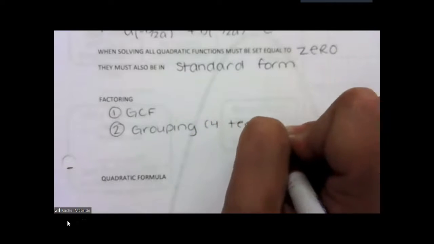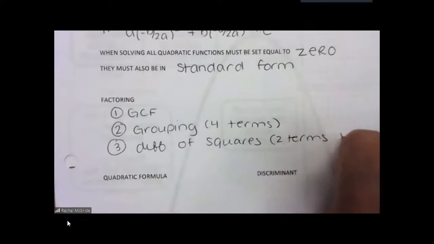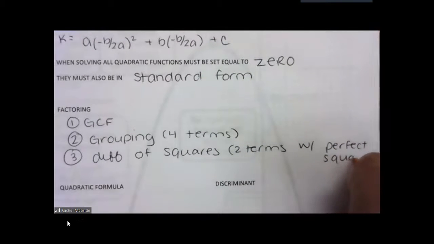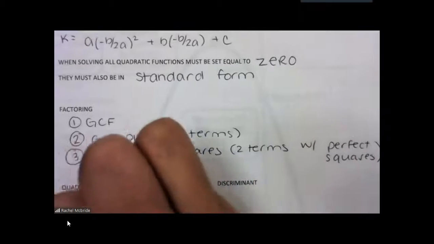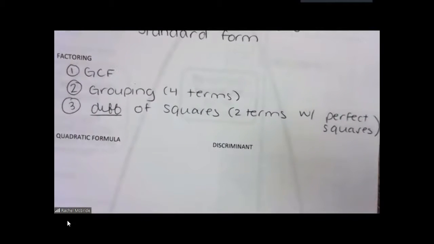So you have factor by grouping, that's for if you have 4 terms. You have a difference of squares, so that's 2 terms with perfect squares, and they need to have a subtraction. And then we're also using our technique, which is magic X.